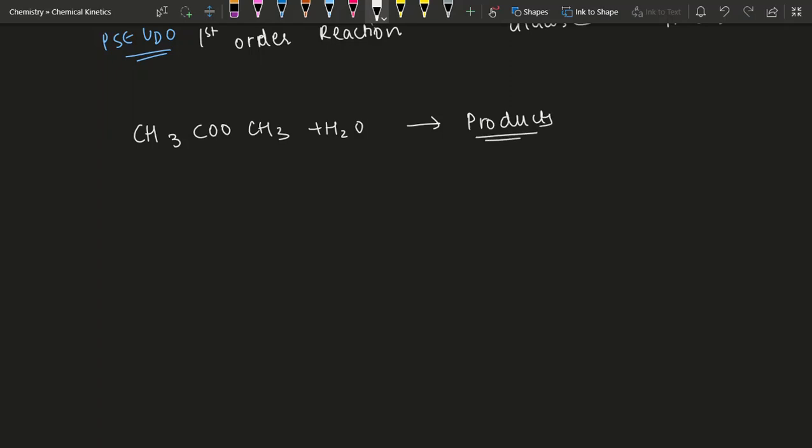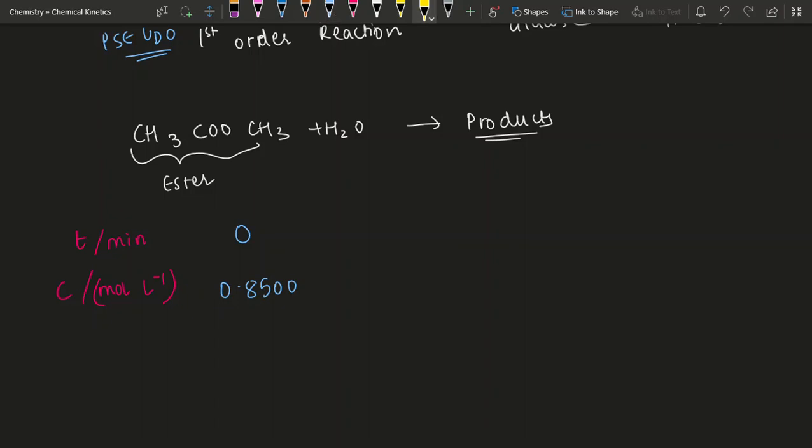And what you do is you figure out the concentration of this substance, this ester. This is called an ester, by the way. You figure out the concentration of the ester at different times. So the chart that I have with me right now represents time in minutes and concentration in moles per liter, so molars. So at the beginning, the initial concentration is 0.8500.